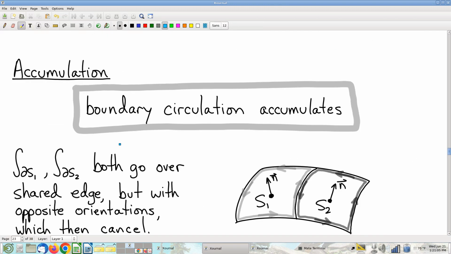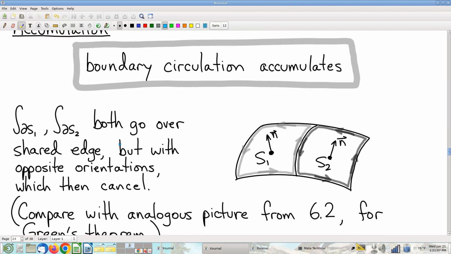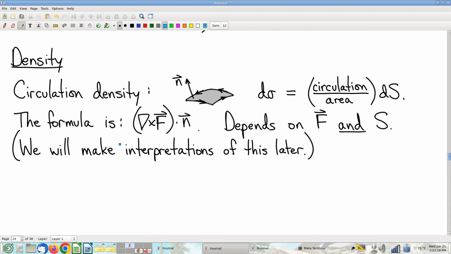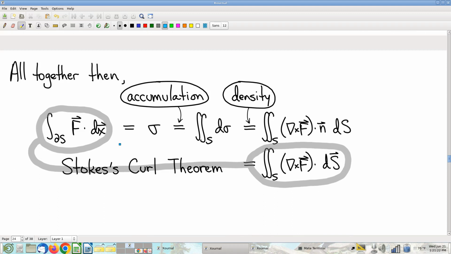I'm going to have to talk about an accumulating quantity. Once I have an accumulating quantity, I'm going to make the case that this is a physical stuff. I can treat it like a physical stuff because it behaves like physical stuff. And then I can talk about the associated density, and then I can write down a theorem. So we've done this dance before, right? Different details is all we're going to be seeing here.